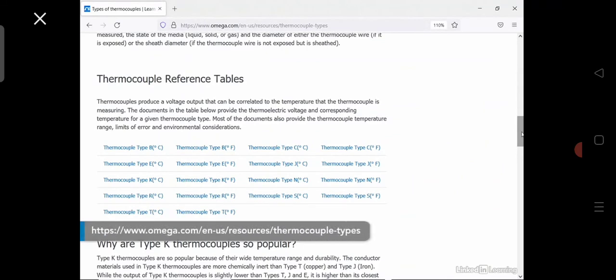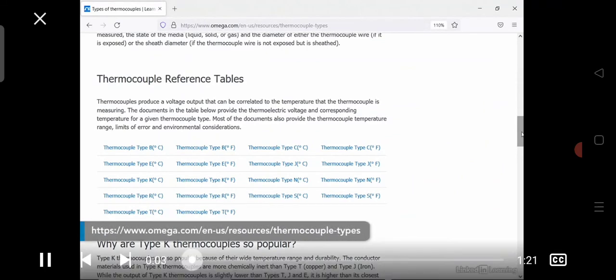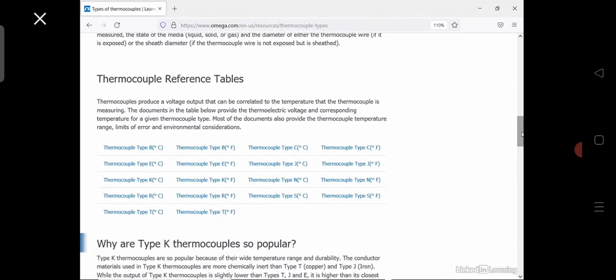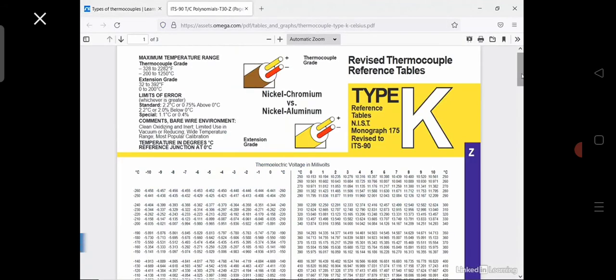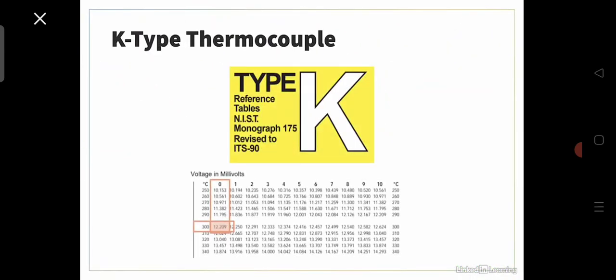There are thermocouple reference tables for each type. The reference tables show the relationship between the temperature and the corresponding produced voltage. Let's take this example to explain more.